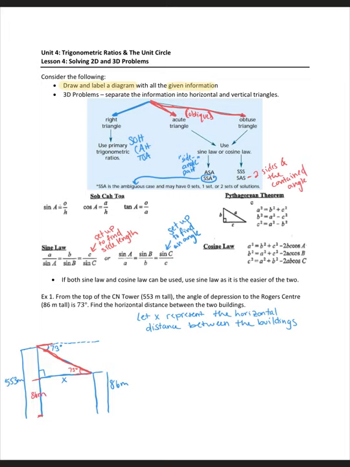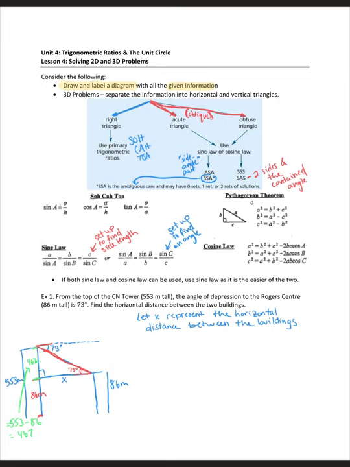And then from the top of the CN Tower to where the top of that Rogers Center would be, that would just be the difference between the 553 and the 86. So we're going to say 553 minus 86 equals 467. So we can say this side length is 467 meters.